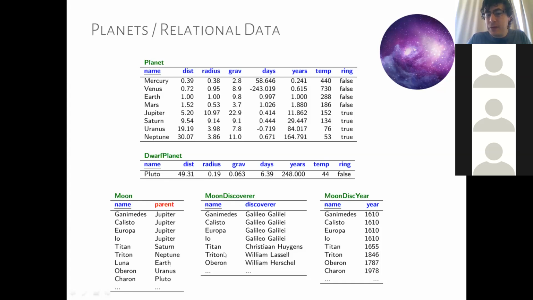Likewise, we could link from moons to discoverers, and we could link from moons to the year in which they were discovered. So these are graphs. We could call this a subject column, this the predicate, and this the object column. So as we continue, we've actually been starting to model more and more a graph in our relational schema.